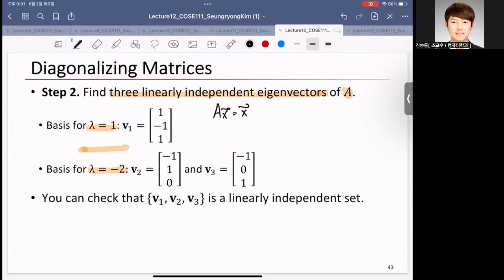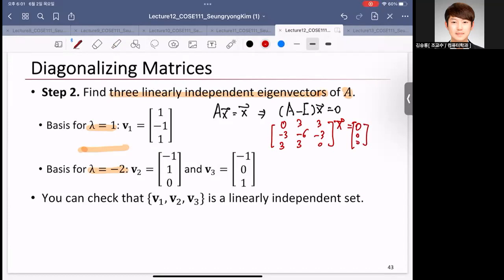Then we get A minus lambda I, and because lambda is equal to 1, A minus identity times x is equal to 0. Then A minus I is 0, negative 3, 3, negative 3, negative 6, 3, negative 3, negative 3, 0, times x is equal to the zero vector, 0, 0.